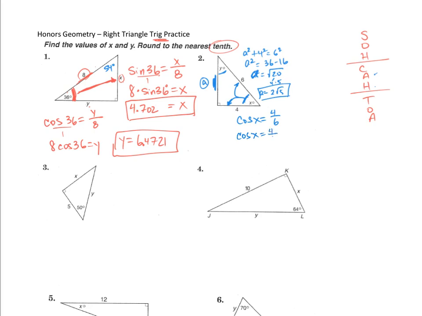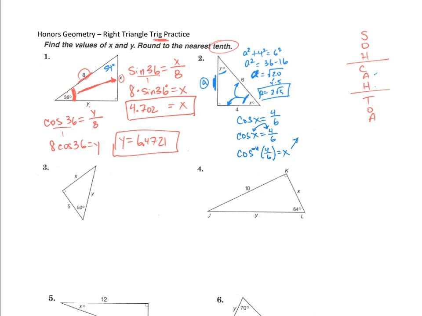So to solve this, remember we said we had to use the inverse cosine. We can't just divide by cosine. That's not a real operation that we could do. So we have to use the inverse of it. So we would say the inverse cosine of 4 over 6 is what x is going to be. That's how we're able to switch these out and swap them, by using the inverse cosine.